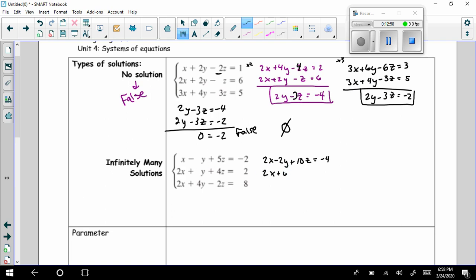2x plus y plus 4z equals 2. We're going to subtract down, so we get -3y plus 6z equals -6. And then I'm going to do 1 and 3, and again, get rid of my x's. And so I'm going to multiply by 2 again, so it's the same equation that I just used.